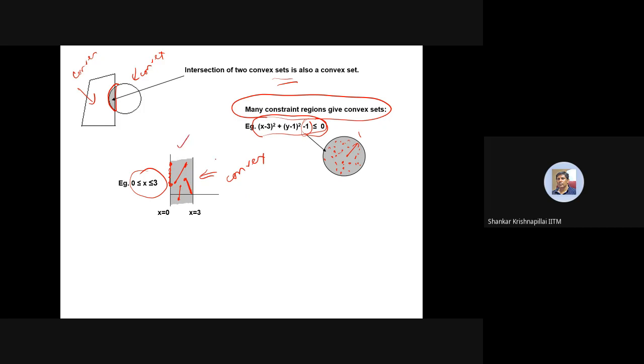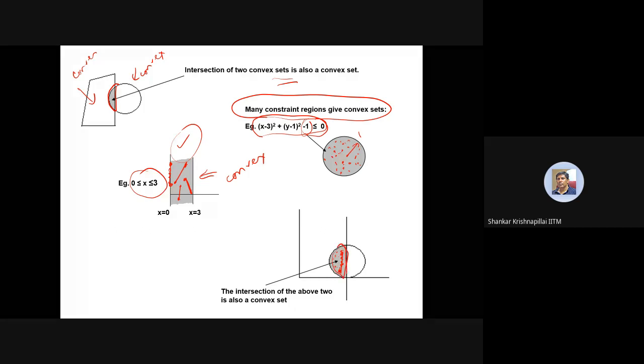So this is a convex set. So their intersection will also give a convex set. So all these points are a part of the convex set. Suppose you take these 2 points, you draw a line, any interpolated x will be inside this hemisphere.